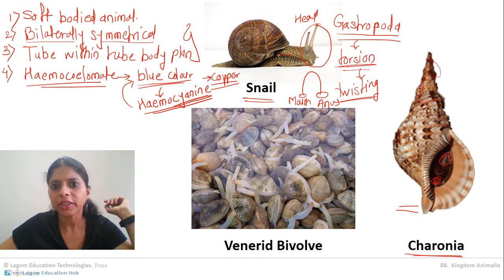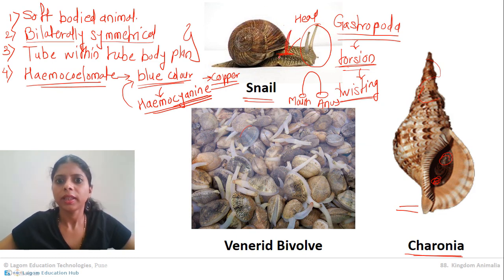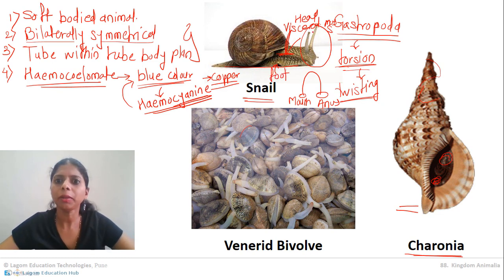Another part, the middle one inside, is the visceral mass. And the part touching the ground is the foot. So the body is divided into 3 parts: head, visceral mass and foot.